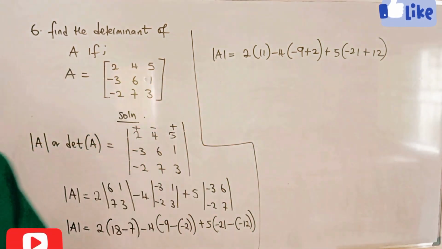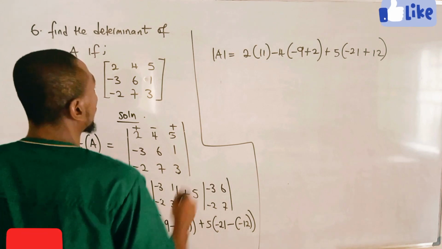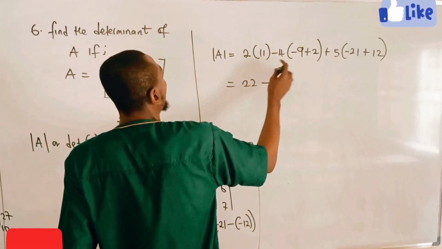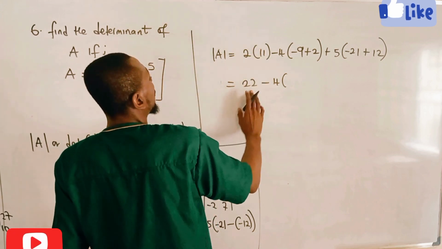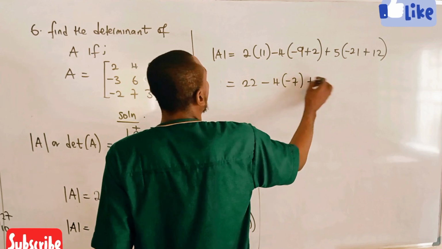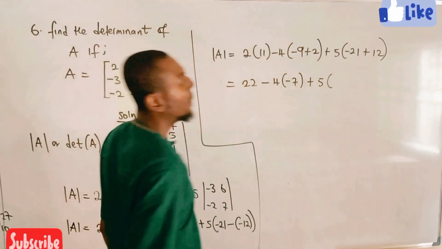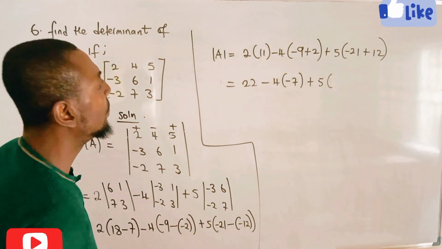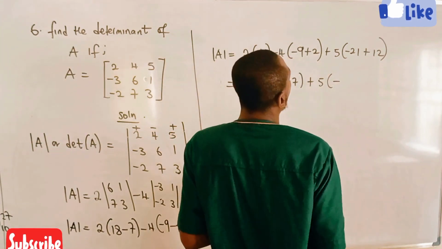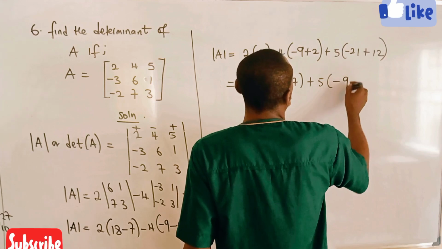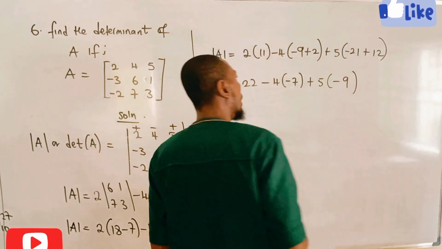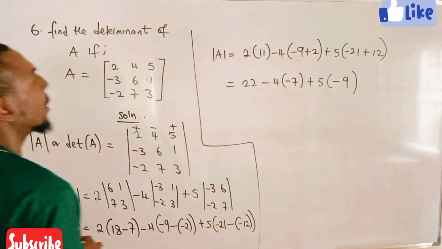So the next we have is equal to 22 minus 4 into, 2 times 11 is 22, minus 9 plus 4 is minus 7. Plus 5 into minus 21 plus 12 is equal to minus 9.